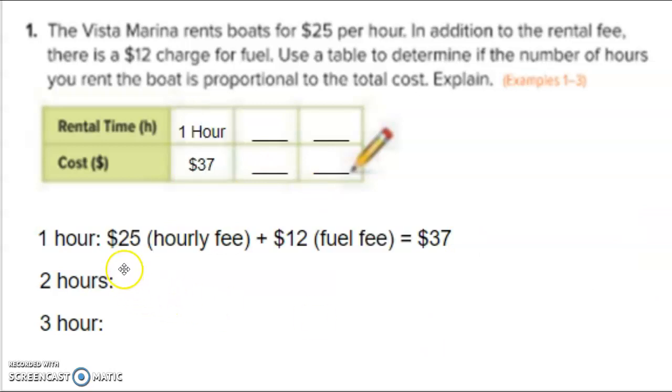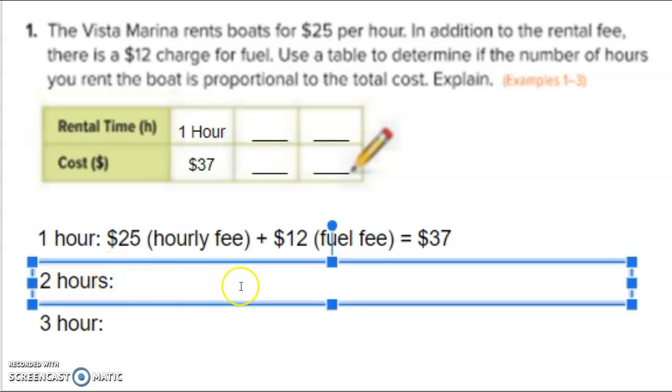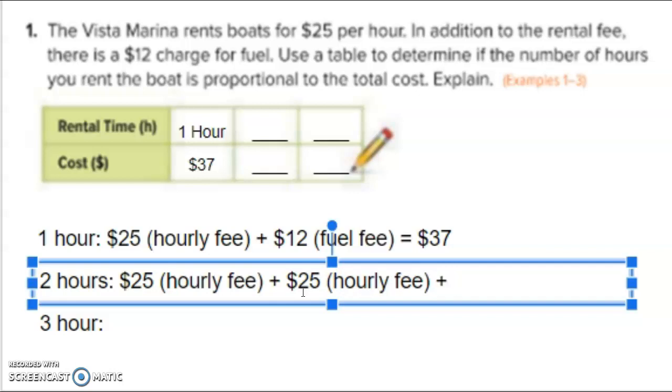And now I'm going to go on to 2 hours. So I know that I will have a $25 hourly fee. I know I'm going to have another $25 hourly fee because it's for 2 hours, so I need 2 of them. And I know that I also have a $12 fuel fee.